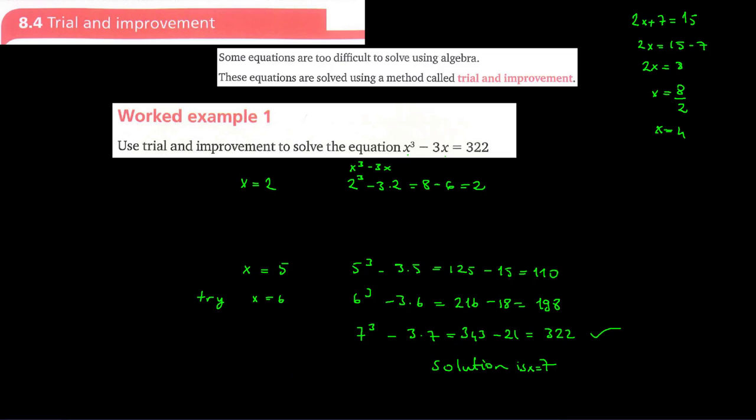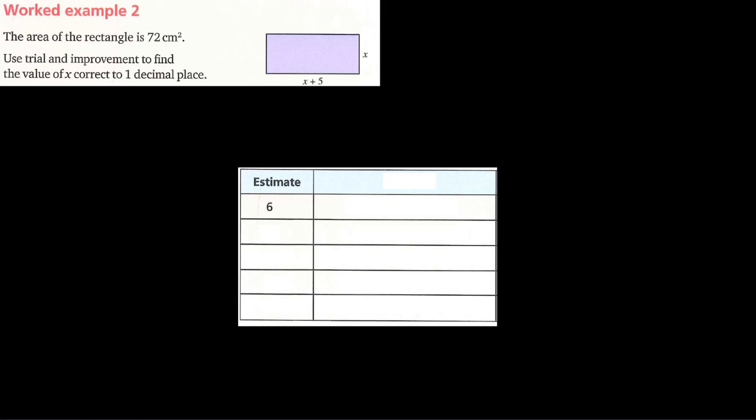Let me solve another question to understand better. Here, the area of the rectangle is 72 centimeters squared. Use trial and improvement to find the value of x correct to 1 decimal place. So actually there's no integer here like in the previous page, so we are going to use this method again, and we are going to use the area.